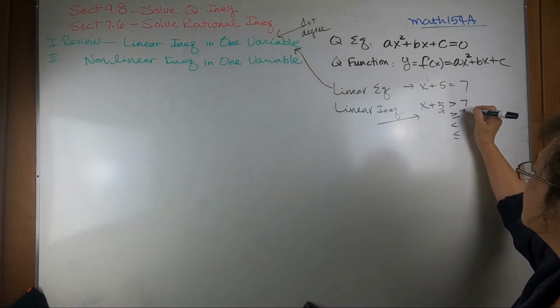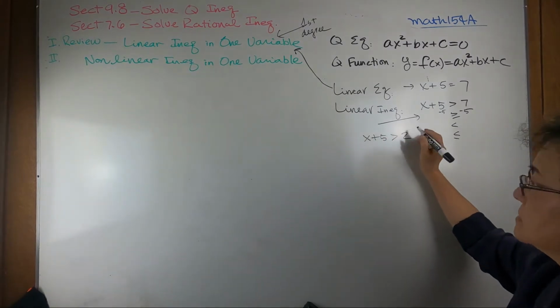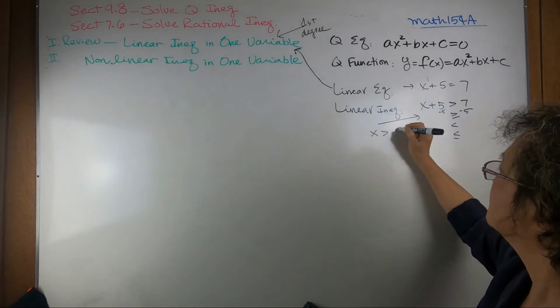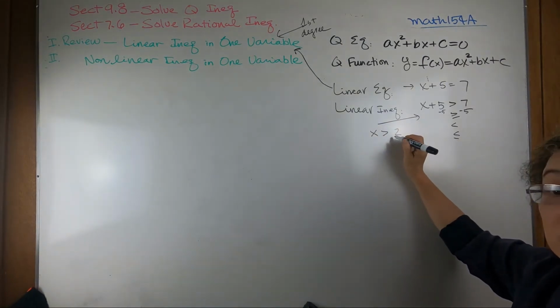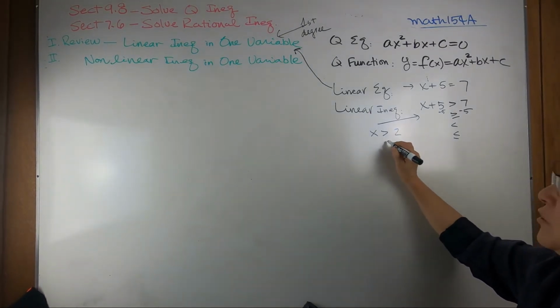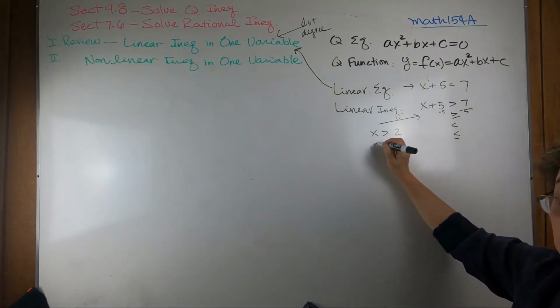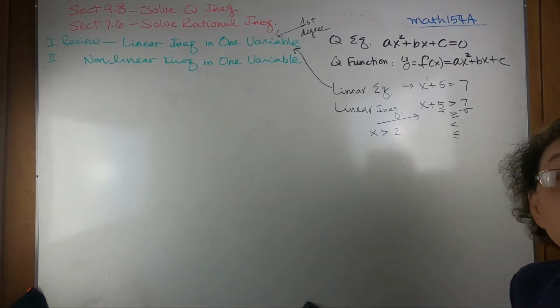So when we try to find the inequalities, let's make it simpler. If I subtract 5, I have x plus 5 greater than 2. Oh, not x plus 5 anymore, x bigger than 2. So to solve the linear inequalities in one variable, the x is not only one answer, right?